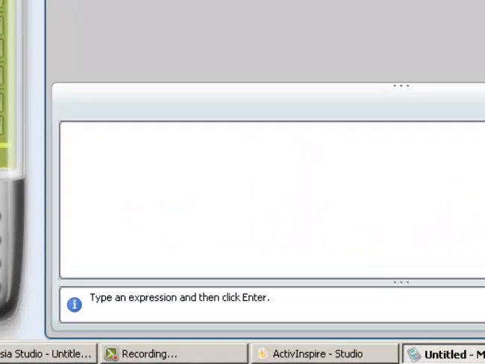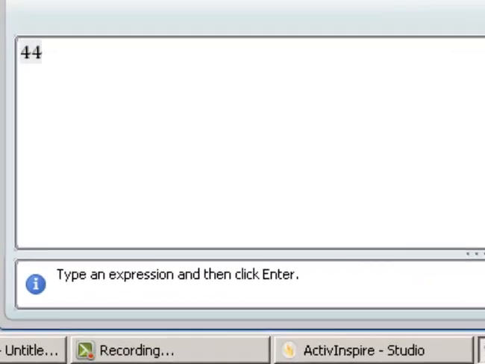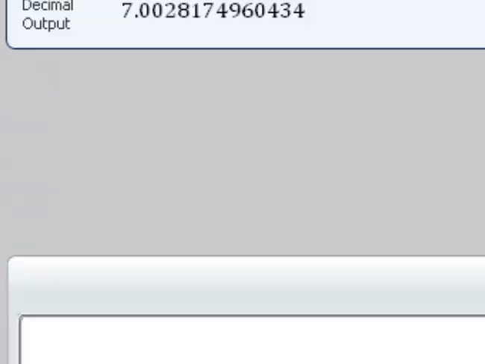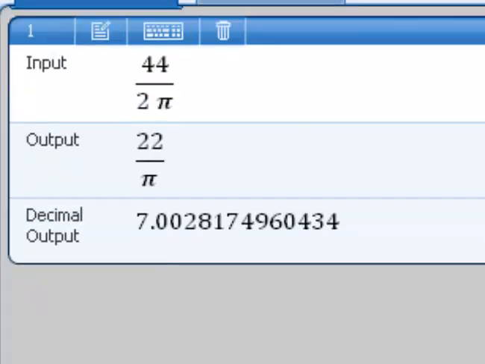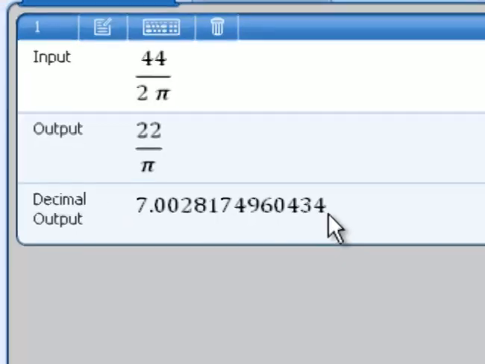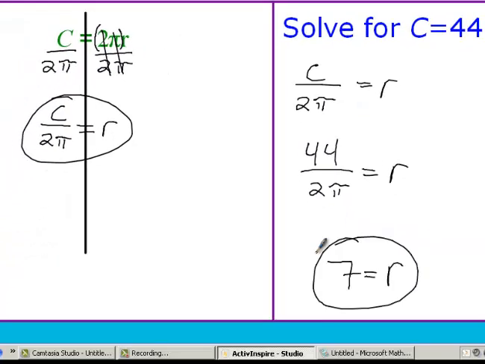So we're going to get 44 over 2 pi, and you get 7.0028179. Okay, now I only want you to go out 2 decimal places, so we're going to just go out to 7. So that is what your radius should be to have a circumference of 44.